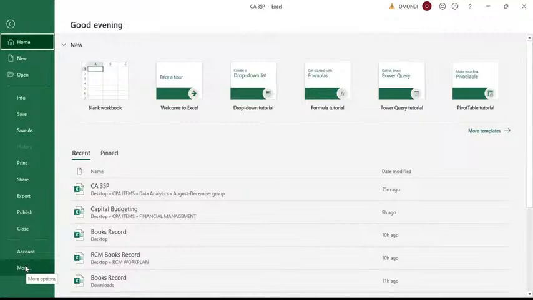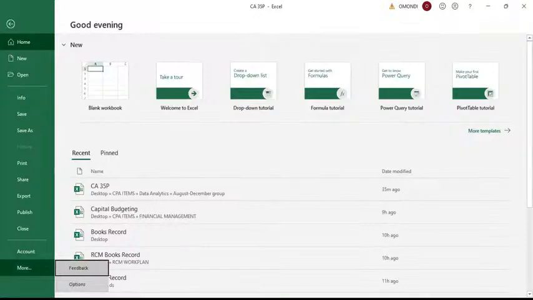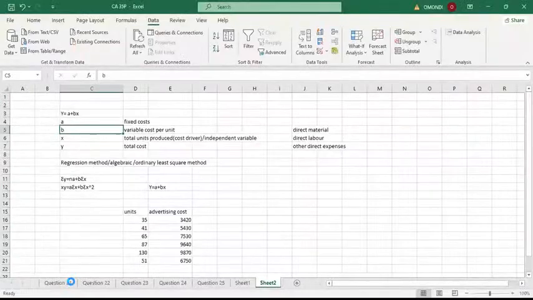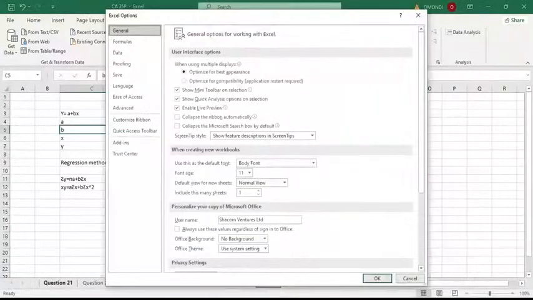We are looking for Options. For my case, I have to look for it under this key here, More. For others, they have it indicated in this list somewhere here. So we move to that place and look for Options.